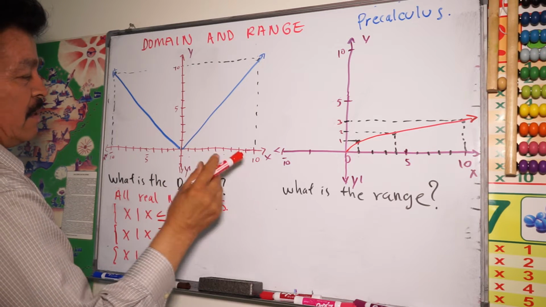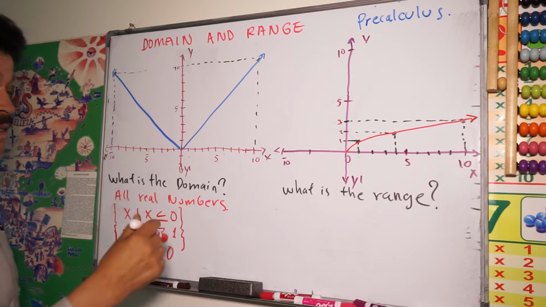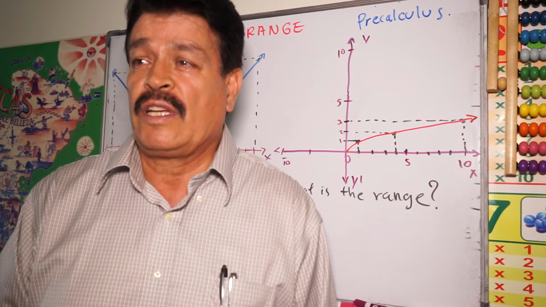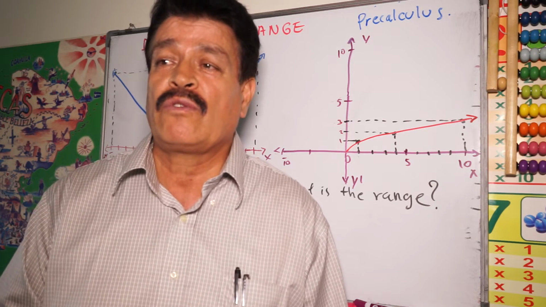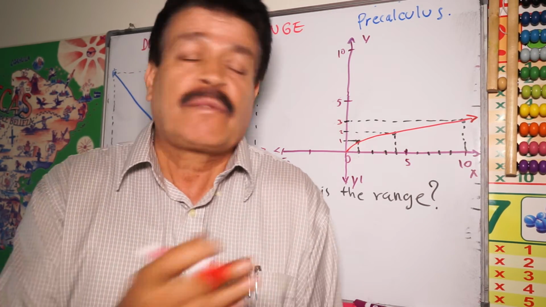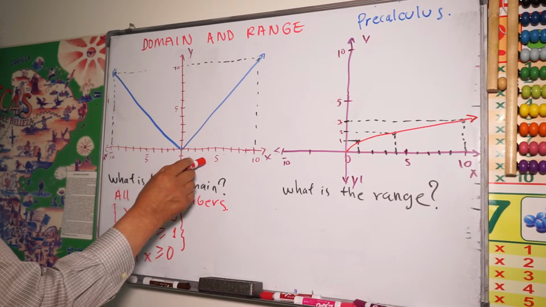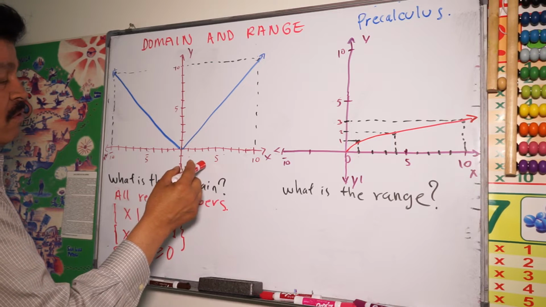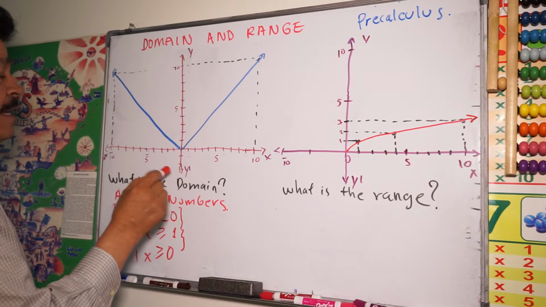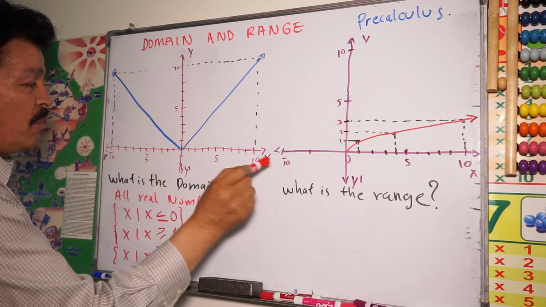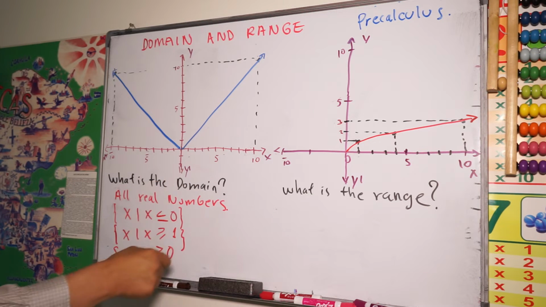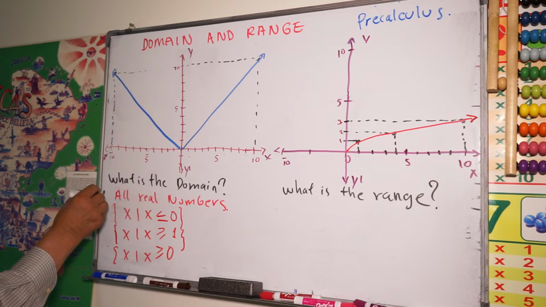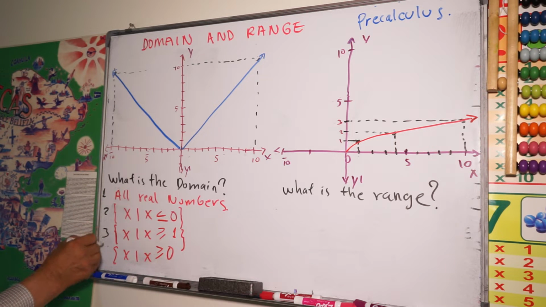The domain of a function is the set of all possible x values. So, what do you think? You have number 1, number 2, number 3, number 4.